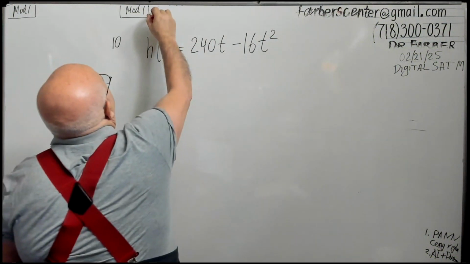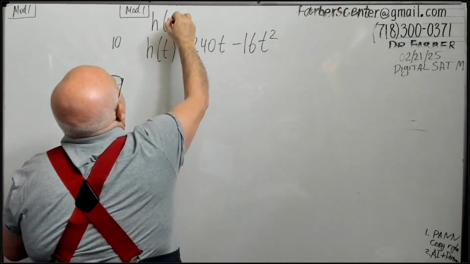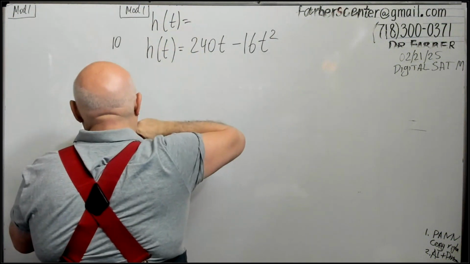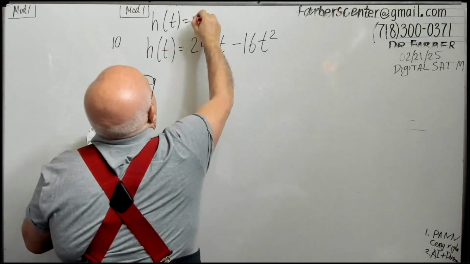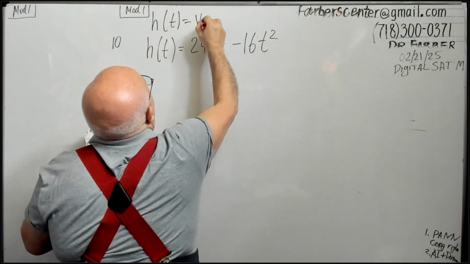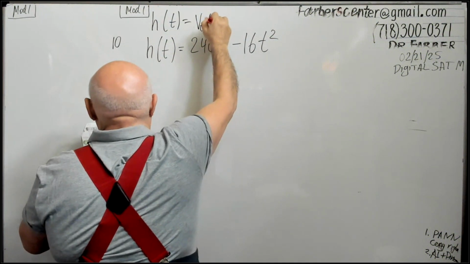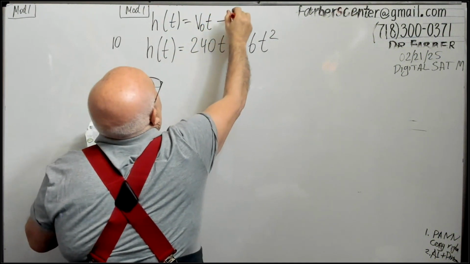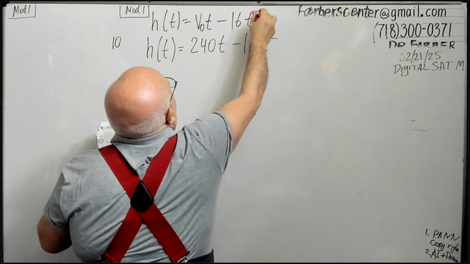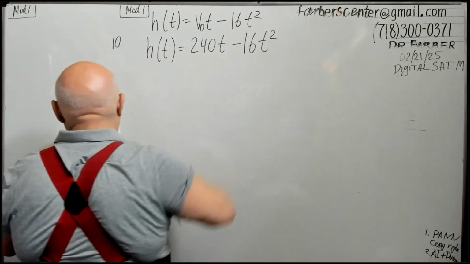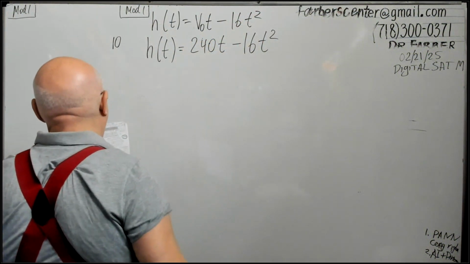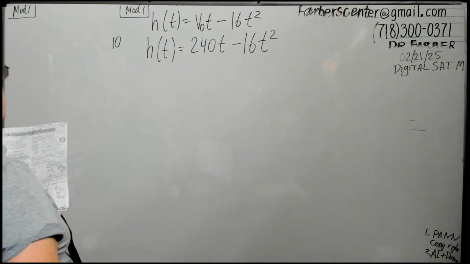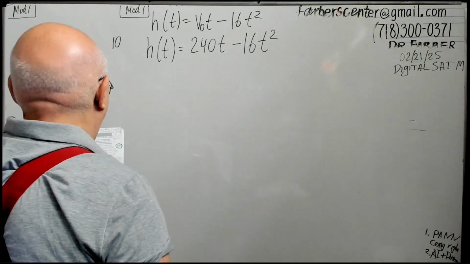The original equation is this one: h of t equals v sub 0 t minus 16t squared. But why did I do it? Because they said this 240, I just plug in here. And this is my equation.